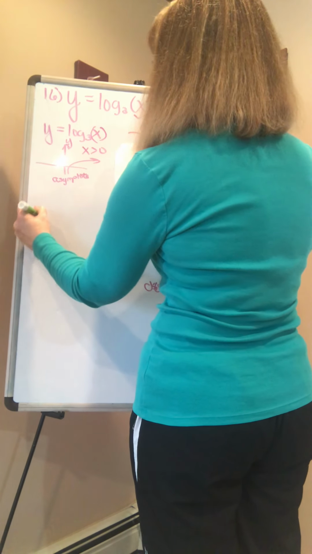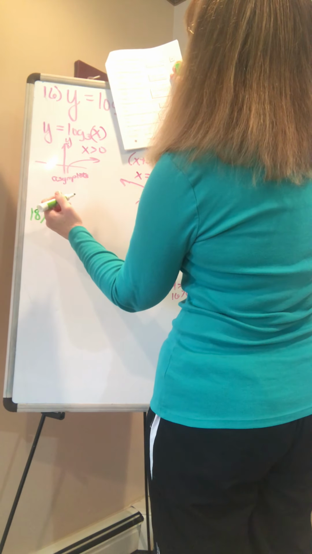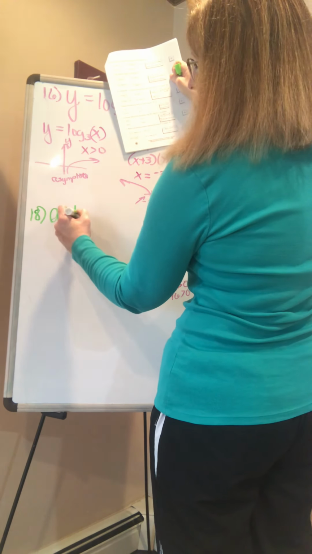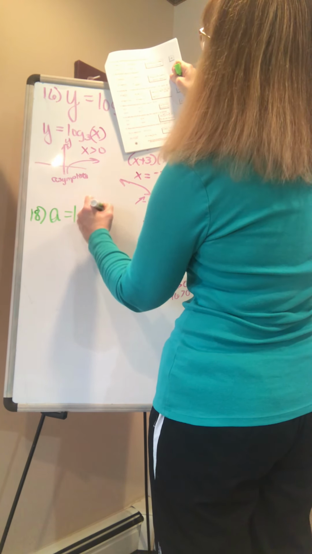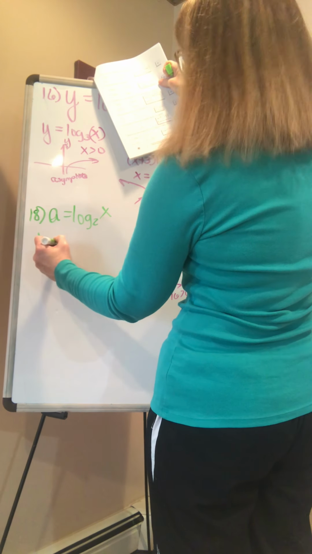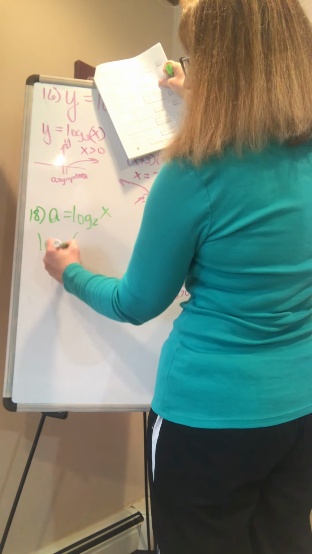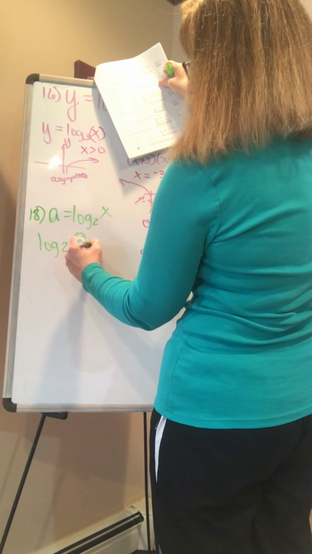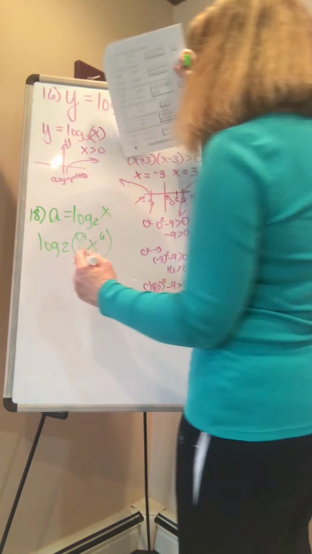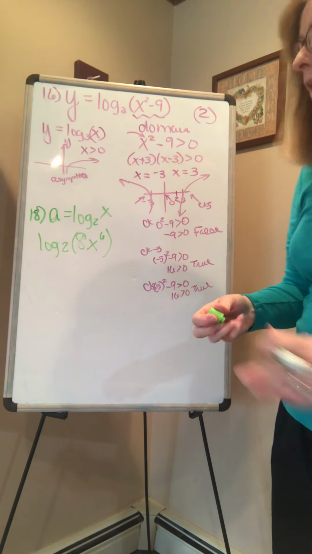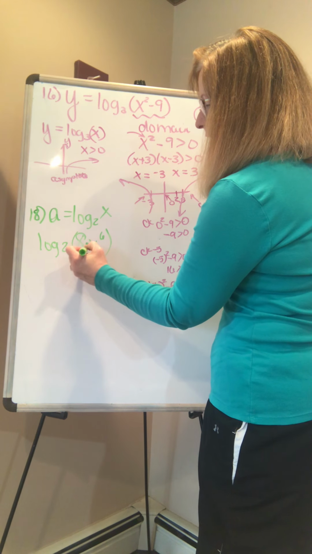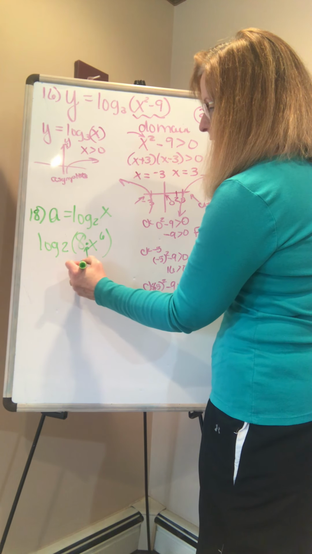We're going to have some substitution. 18 says a is equal to log base 2 of x. And now I have log base 2 of 8x to the 6th. Well, I need to use my log rules right here. Multiplication. This is product.